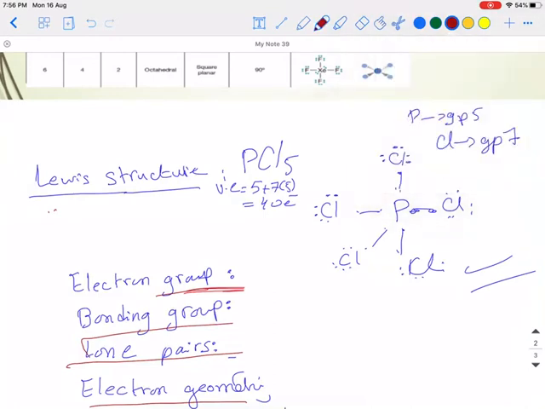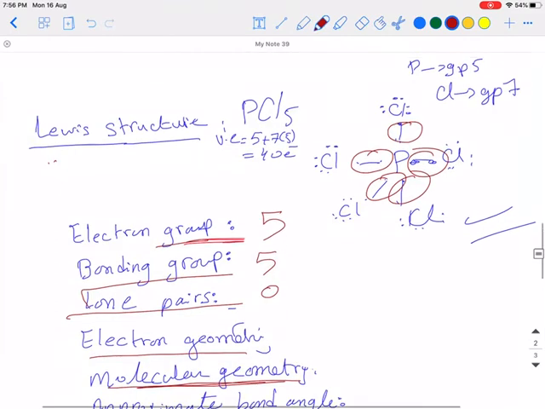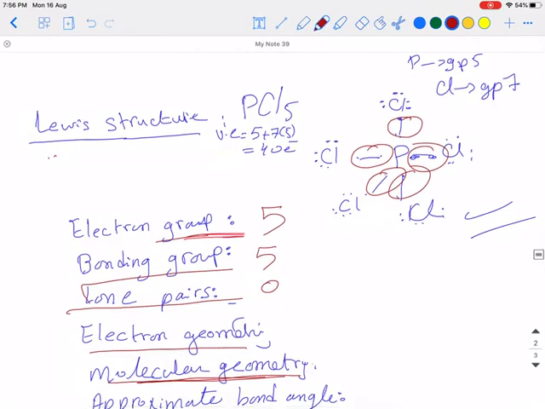Now let us answer the questions. Electron groups, let us see the groups around the central atom: 1, 2, 3, 4, 5. Bonding also 5. No lone pairs on the central atom. So this molecule is in the form of AX5.